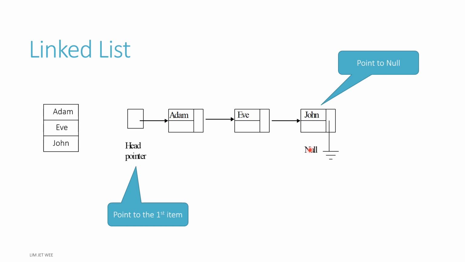Null means there is no value. So it points to null. And so if I check the pointer of the node, if it is null, oh, this is the last of the list. So I can stop here. Okay, so this is basically how a linked list can be visualized.